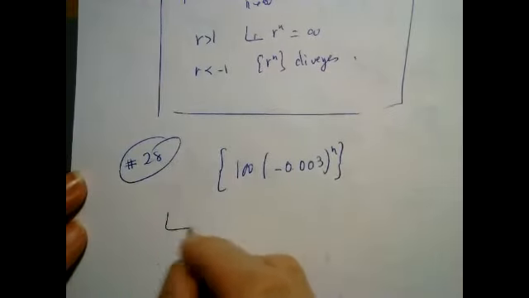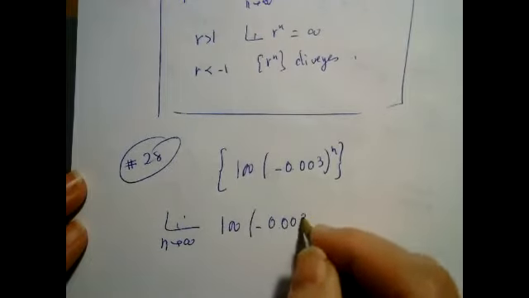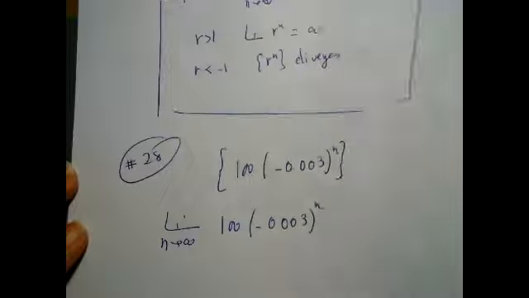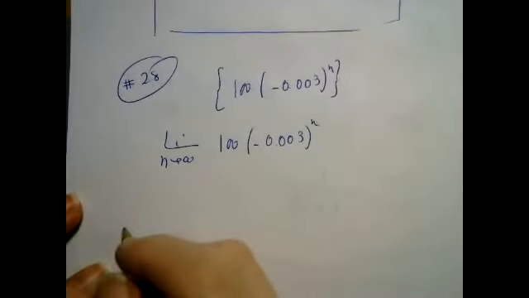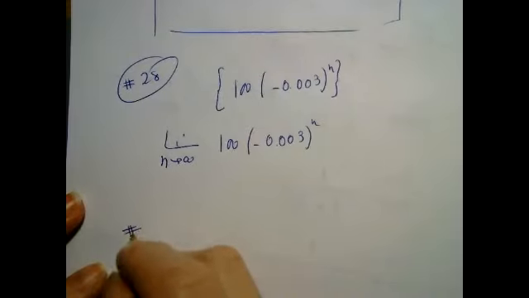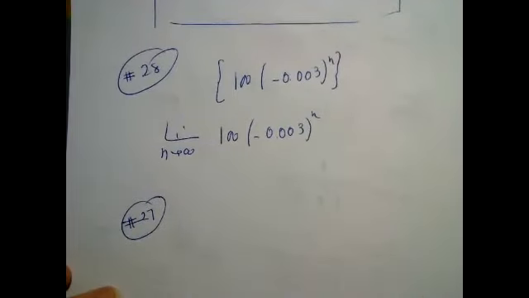The question is, what's the limit as n tends to infinity of this sequence? It means when I start plugging in n large, what do I get? Quickly, what's the answer? This should not take you too long.